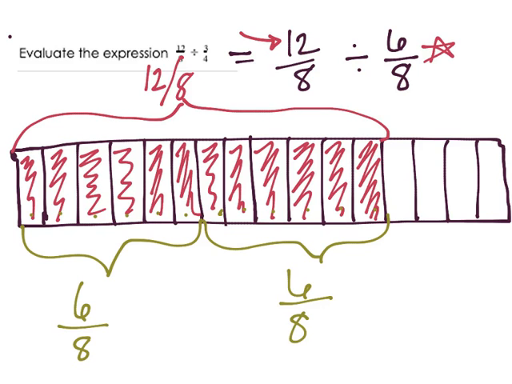So how many groups of 6/8 fit into 12/8? 2 whole groups. So my quotient is 2. I can double check because if 2 fractions have the same denominator, I can divide their numerators to get my quotient. 12 divided by 6 is 2, which matches the quotient I already got.